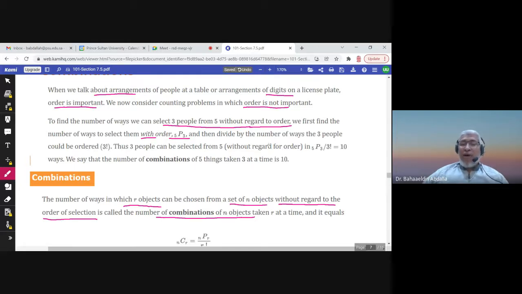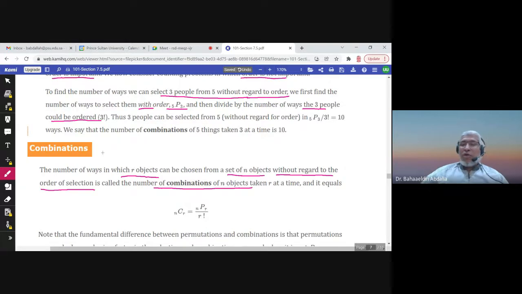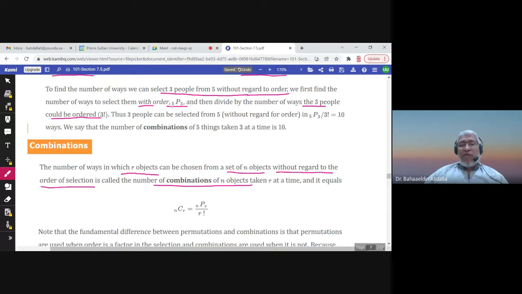Now we divide by the number of ways that 3 people could be ordered, which is 3 factorial. We can arrange 3 people by 3P3 or 3 factorial. So if we divide 5P3 by 3 factorial, we get the number of combinations of 5 things taken 3 at a time.